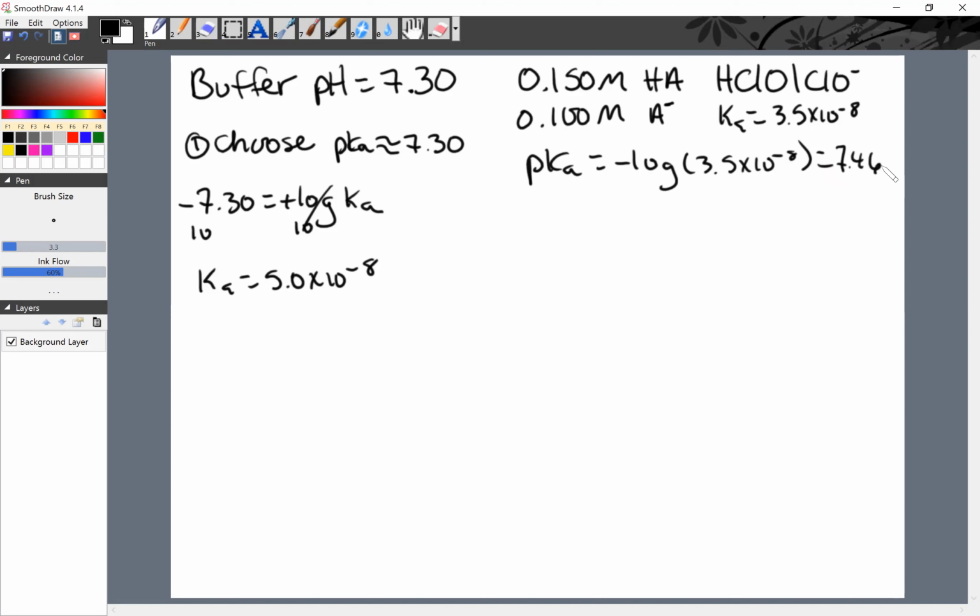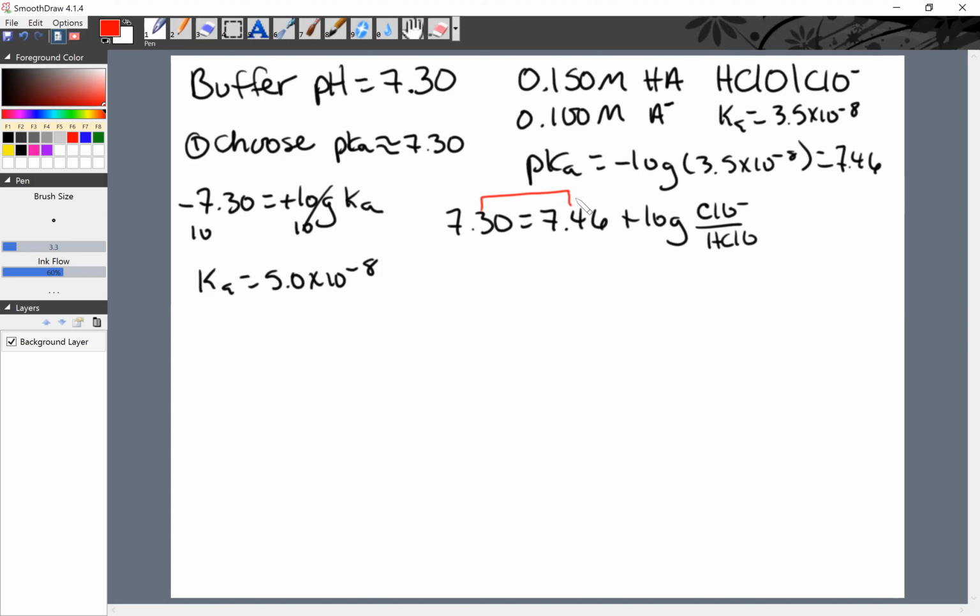All right, so I'm going to set up my Henderson-Hasselbalch. If I want 7.30 and I have 7.46, what does my ratio need to be? First off, I'm going to compare.